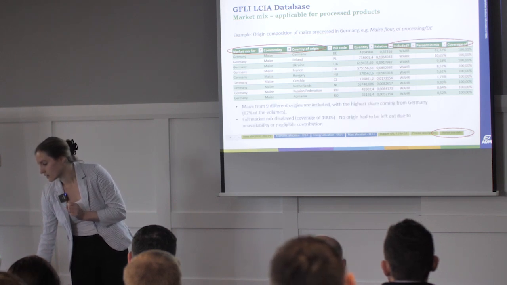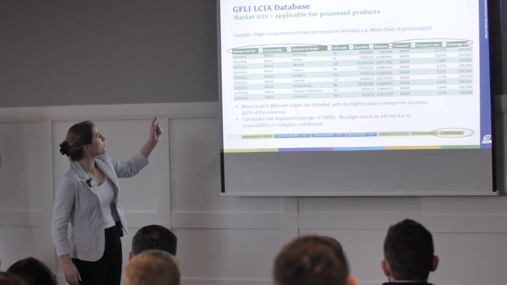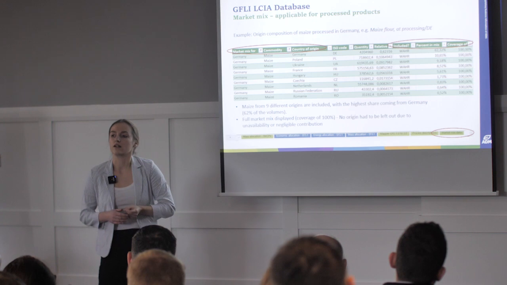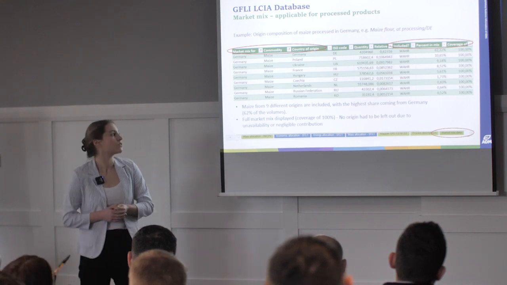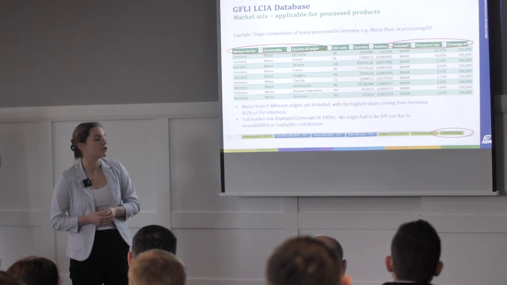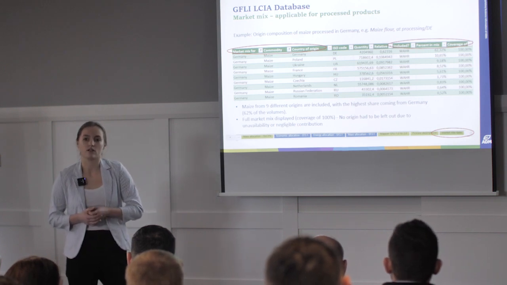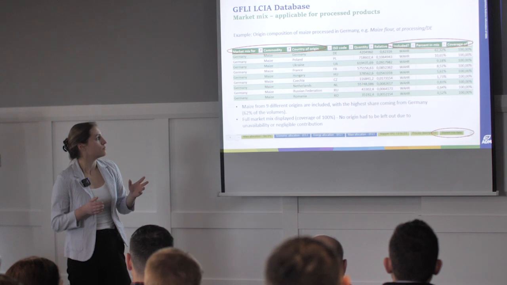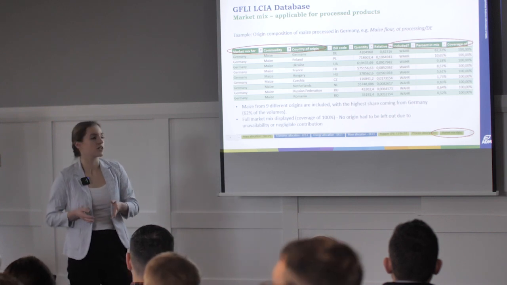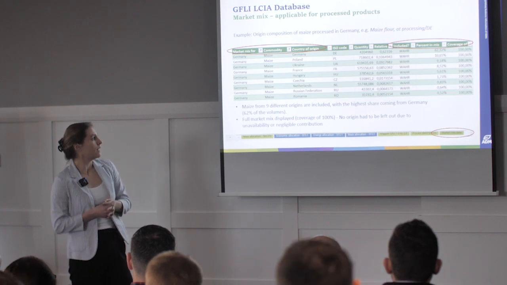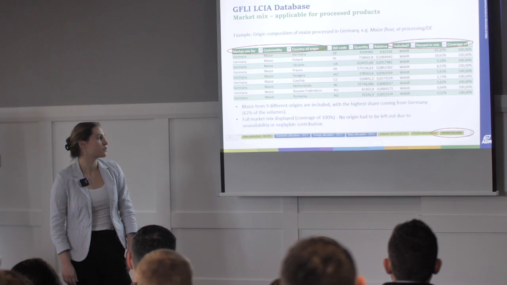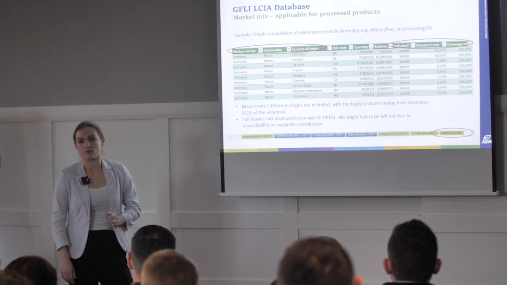And then you see a list, in the third tab, of 9 countries that are included in this market mix. And on the right, you will see that Germany is contributing 60% of the mix. So the main share of maize is actually indeed coming from Germany. And then it goes down all the way to Romania, which represents 0.5% of the market mix.